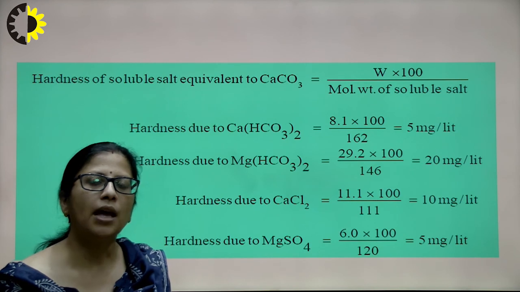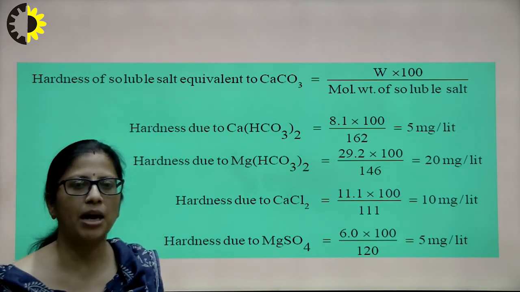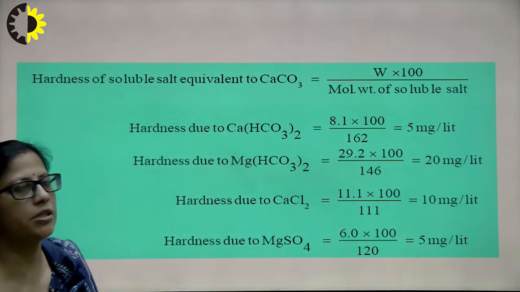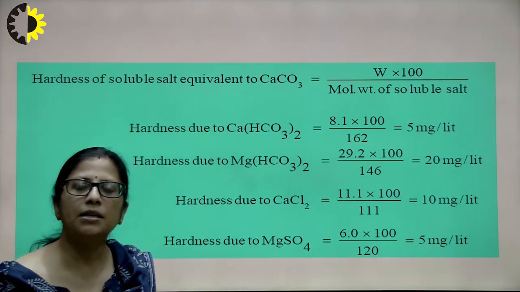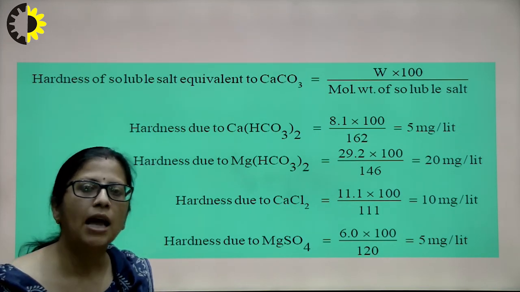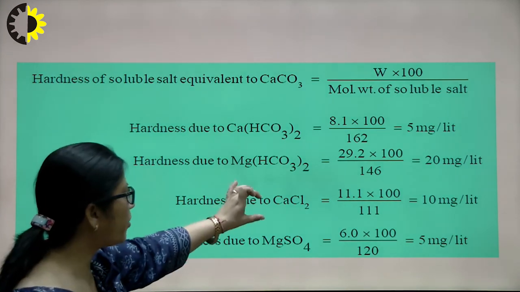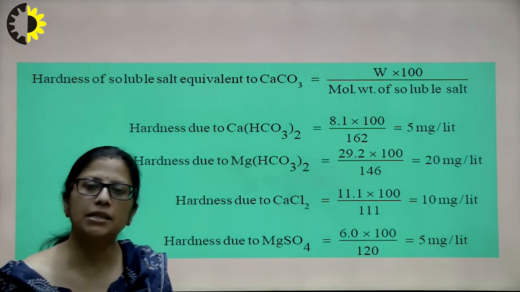Now, we know that the temporary hardness is caused by the bicarbonates of calcium and magnesium. So, these two are responsible for causing the temporary hardness, and permanent hardness is caused by the chlorides and sulfates of calcium and magnesium. So, here calcium chloride and magnesium sulfate are responsible for causing the permanent hardness.